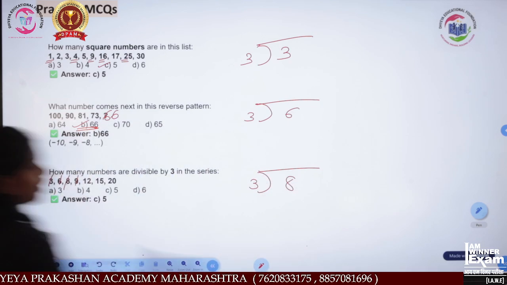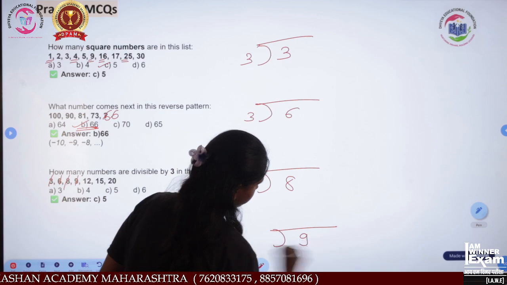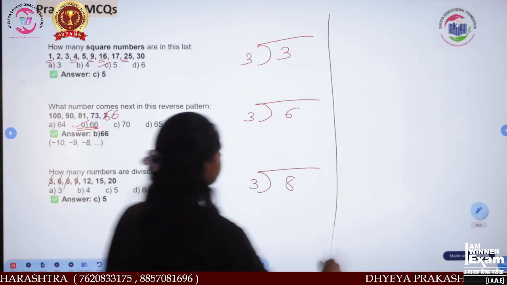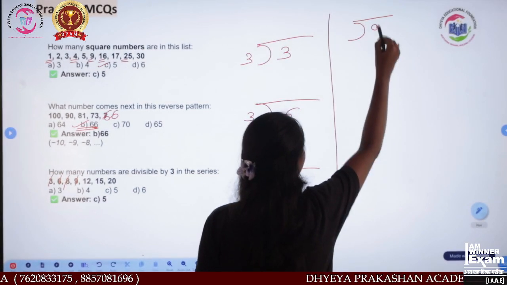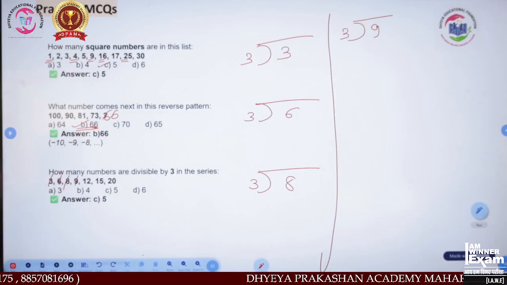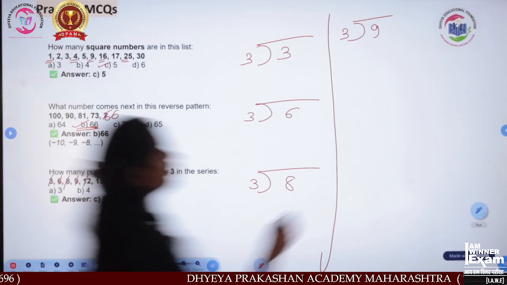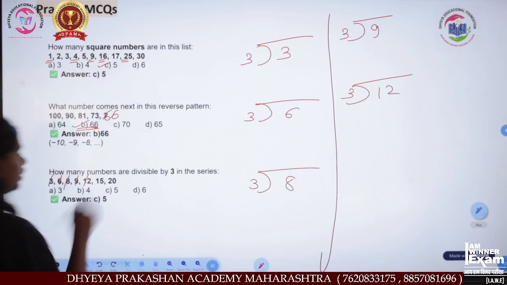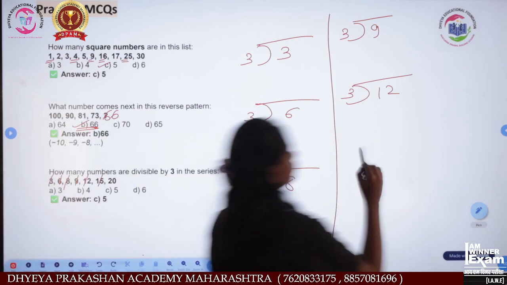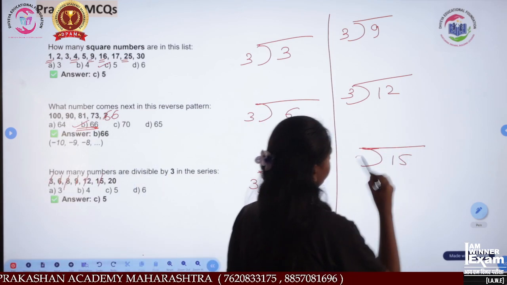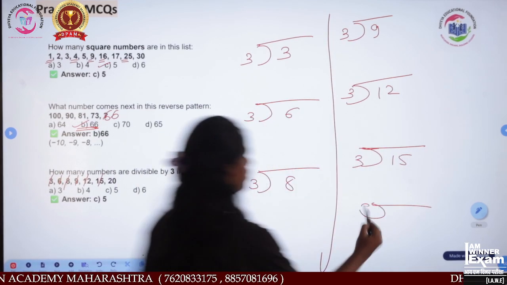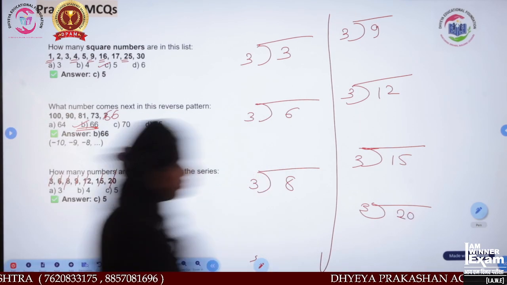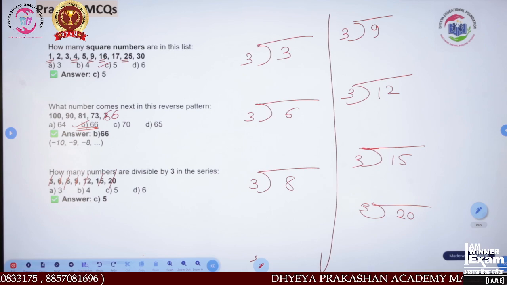Then number 9. Then number 12. Then number 15. And the last number is 20. Okay, so let's start dividing.